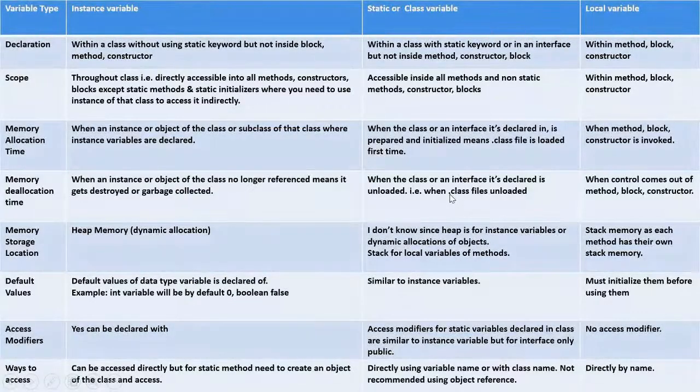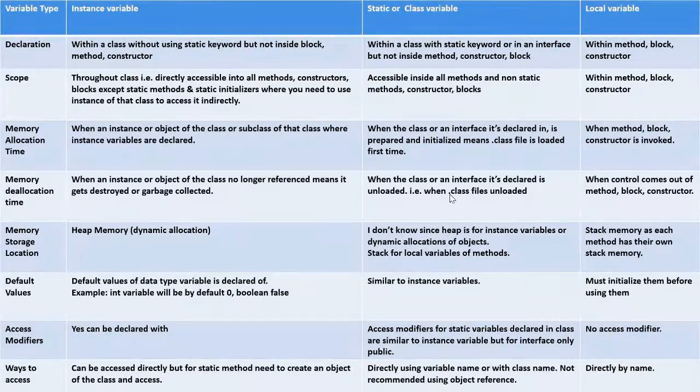So next is static or class variable. Declaration of class variable: you can declare it within a class with the static keyword. You have to use the static keyword while declaring a static variable, or you can also declare it in an interface, since an interface has public, static, final variables, as you cannot create an object of an interface.